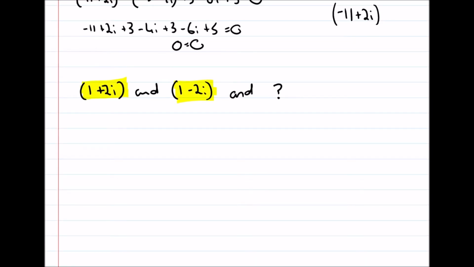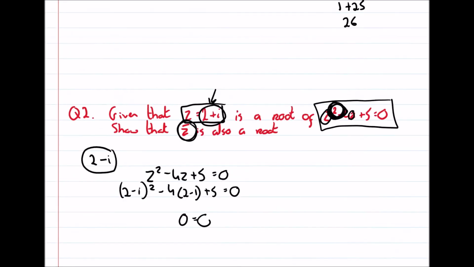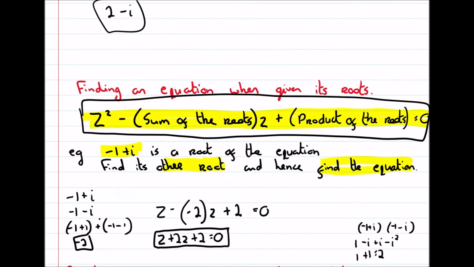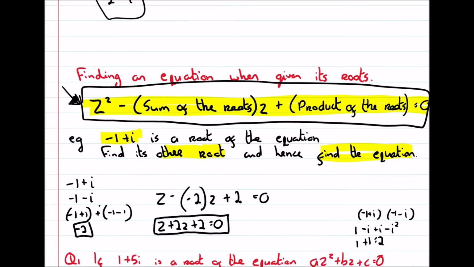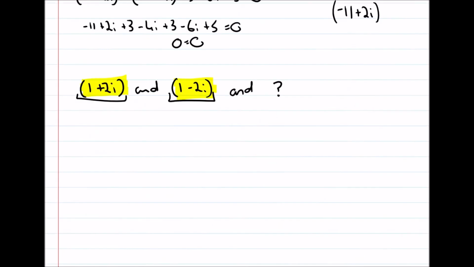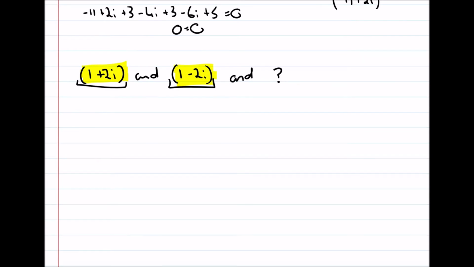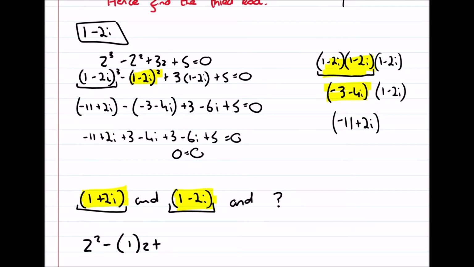So here's what I'll do. First of all, I'm going to get a quadratic expression from these. How do I get the quadratic expression from these? Well, I go back up to this. Remember, z squared minus the sum of the roots times z plus the product of the roots. So z squared minus the sum of the roots will give us 1z, plus the product of the roots. I think I multiplied them out already.